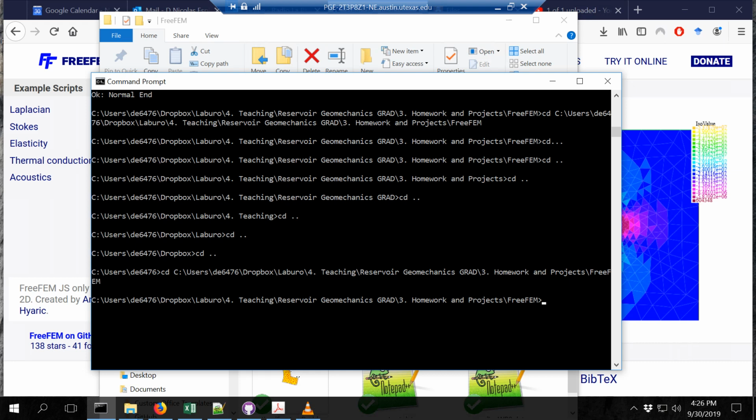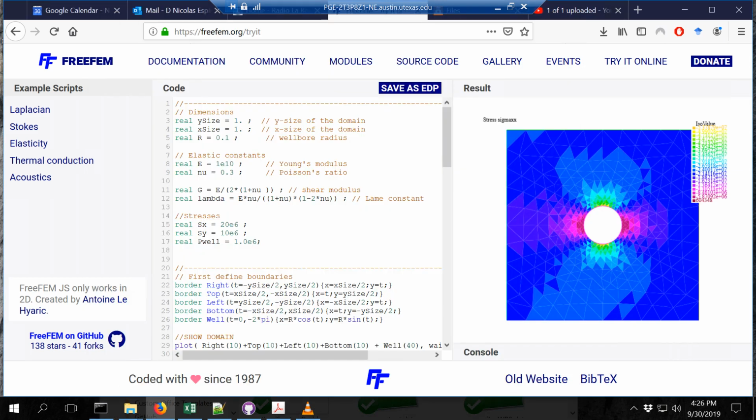I think you guys are going to have all sorts of problems now, but I'll help you one by one. Before we get there, let me explain what goes on here in the code, to make sure there is no mistake.